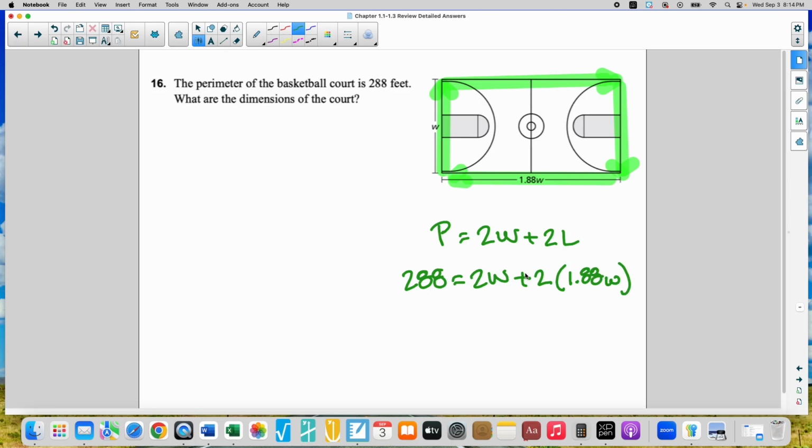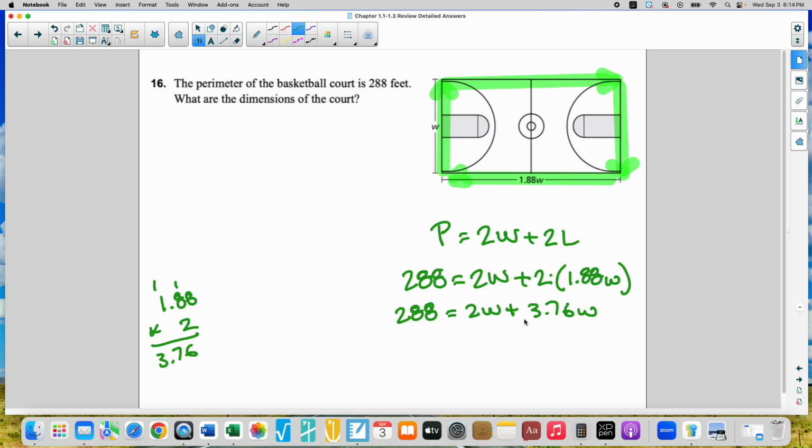Okay, now we cannot add these W's because it's being multiplied. We have to simplify that. So 288 equals 2W plus 2 times 1.88W. 1.88 times 2: 2 times 8 is 16. 2 times 8 is 16 plus 1 is 17. 2 times 1 is 2 plus 1 is 3. 3 decimal places, so that's 3.76W.